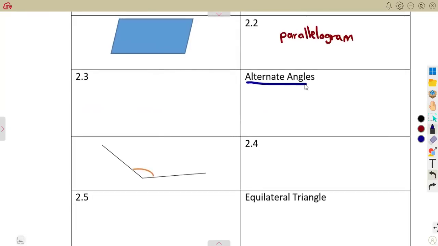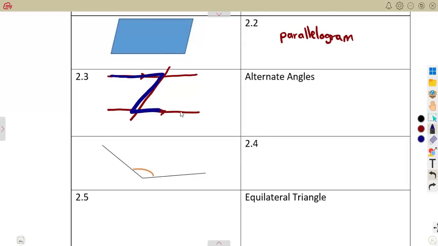Alternate angles. If two lines are parallel, that is where alternate angles are produced. We know these are taken from parallel lines. You'll be given two lines that are parallel like this, and alternate angles are the ones that will create a Z, like on this.